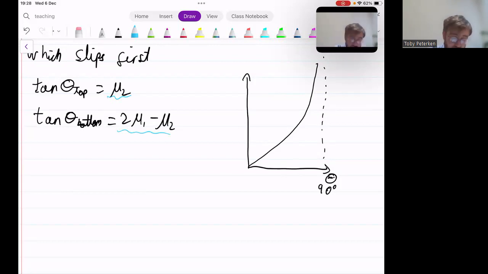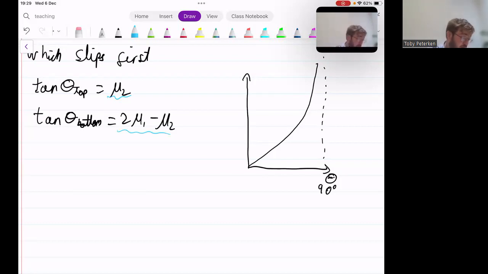And that depends, firstly, on the values of mu1 and mu2. If mu1 equals mu2, so the coefficient of friction between the books was the same as the coefficient of friction between the book and the ramp, then they would start slipping at the same time. If mu1 is much, much bigger than mu2, then there's a lot of friction between the book and the shelf, but not much friction between the two books themselves.